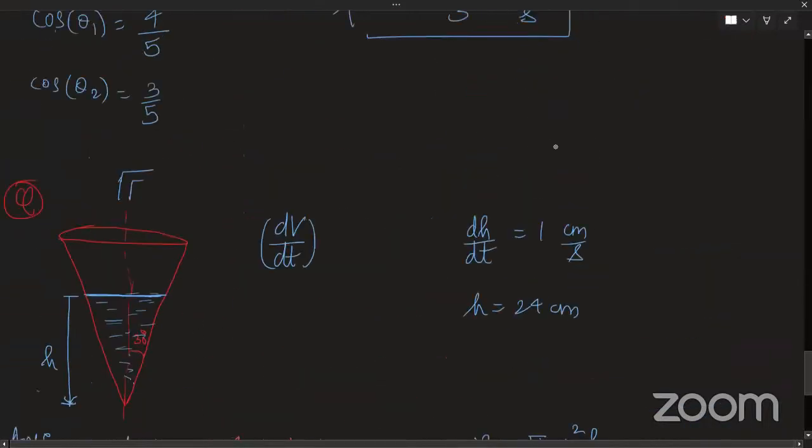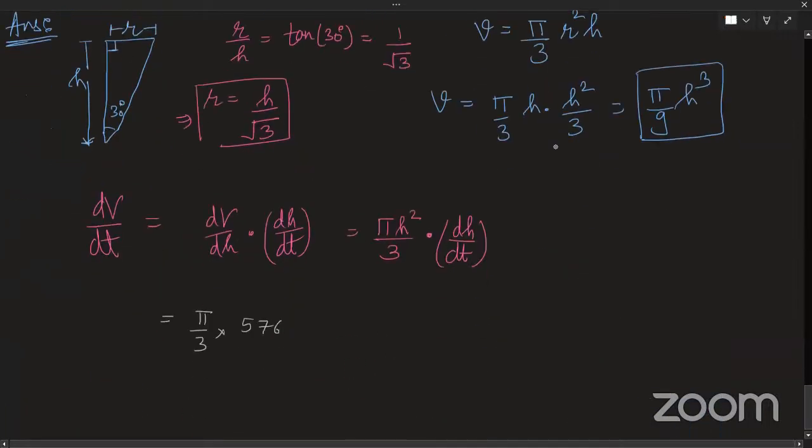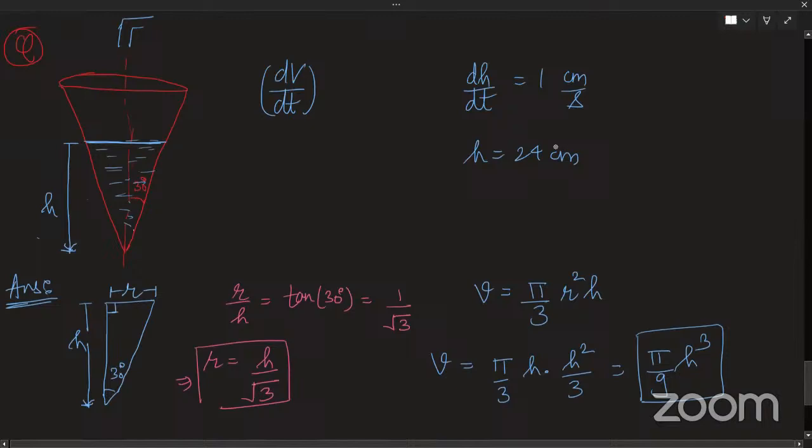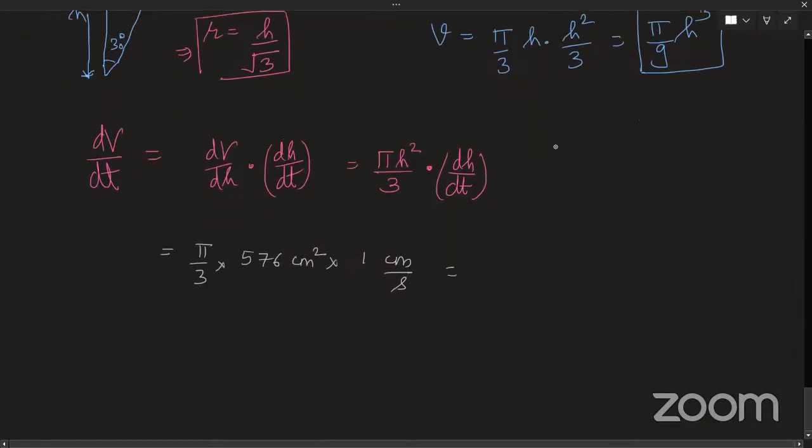Pi by 3 into h square, which is 576 centimeter square, the square of 24, into 1 centimeter per second. So my final answer will be how much? It will be 192 pi centimeter cube per second, right?